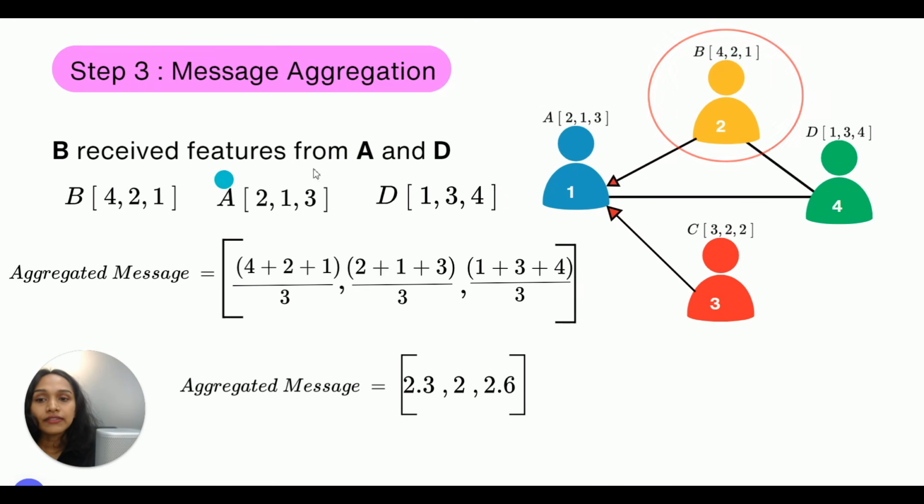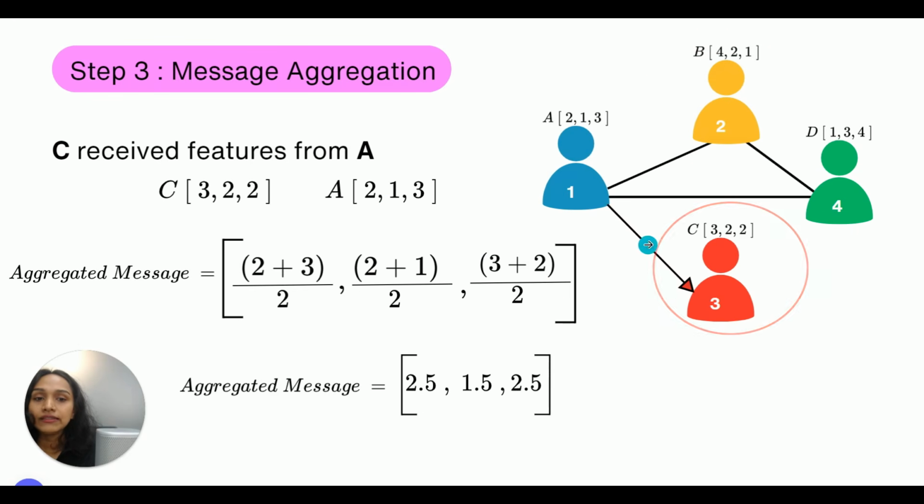Next, B received its features from A and D. So B calculates its aggregated message as (4 plus 2 plus 1) by 3, (2 plus 1 plus 3) by 3, (1 plus 3 plus 4) by 3, which is 2.3, 2 and 2.6.